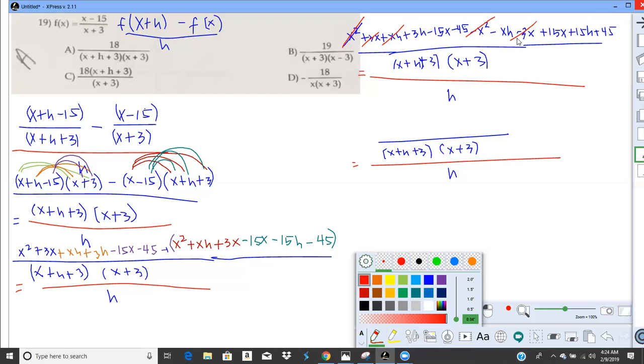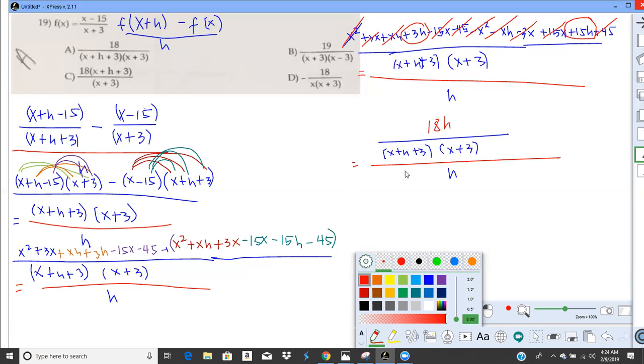Positive hx will cancel with negative hx. Negative 15x will cancel with positive 15x. Negative 45 will cancel with positive 45. And so we're left with positive 3h and positive 15h, and that becomes 18h. All of that is just equal to 18h.